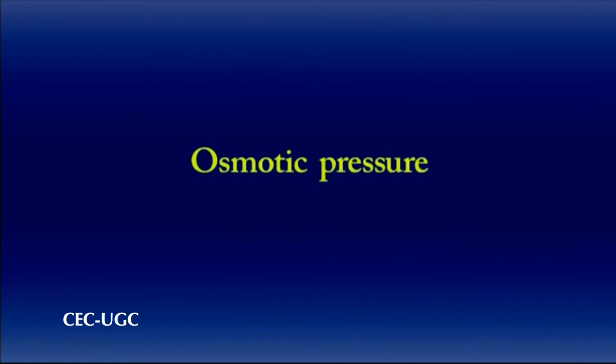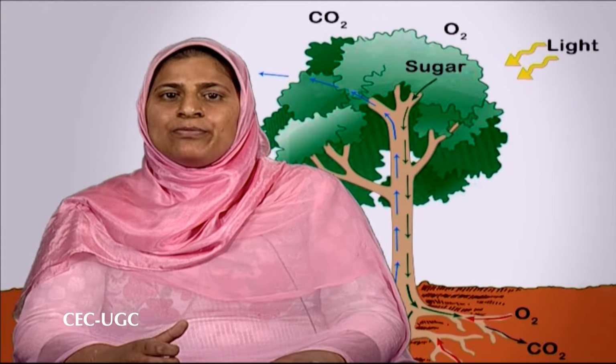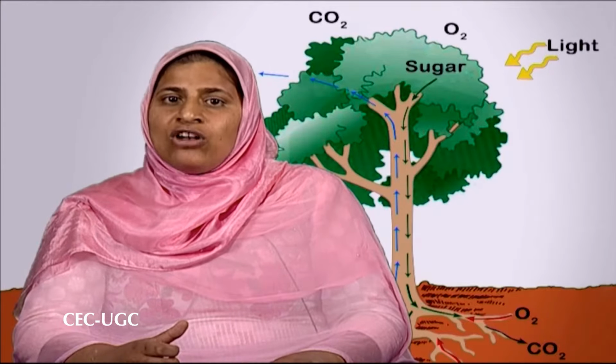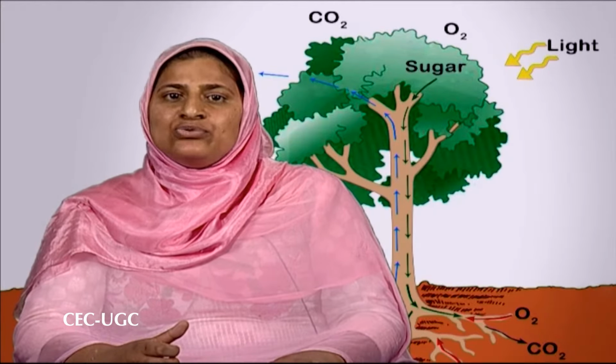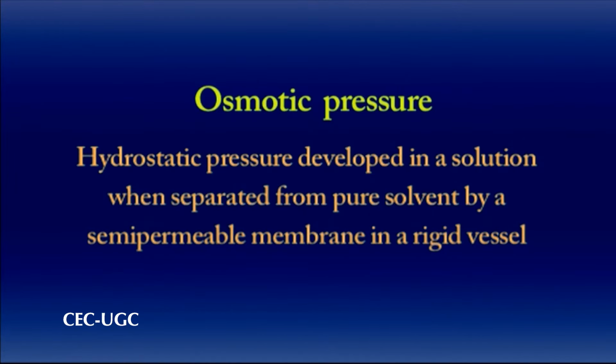Now let's talk about osmotic pressure. When a pure solvent is separated from a solution by a semi-permeable membrane, the solvent tends to enter the solution by osmosis. The hydrostatic pressure developed in a solution when it is separated from pure solvent by a semi-permeable membrane in a rigid vessel is called osmotic pressure.